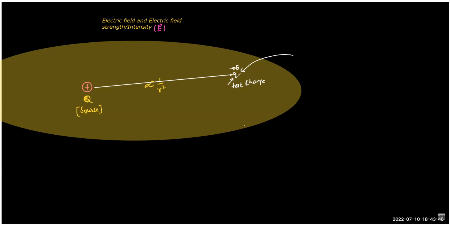If the charge is positive, it will be pushed along the field, and if the charge is negative, then it will be pulled opposite to the field direction at that location. So the force, in the sense of physics, always refers to the force of field, or field force.